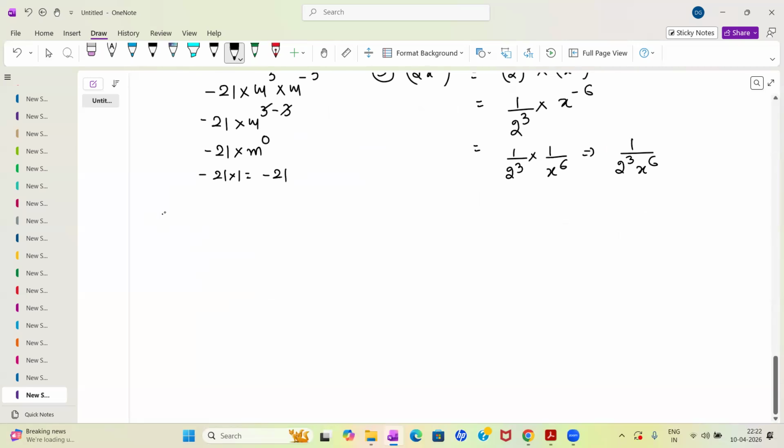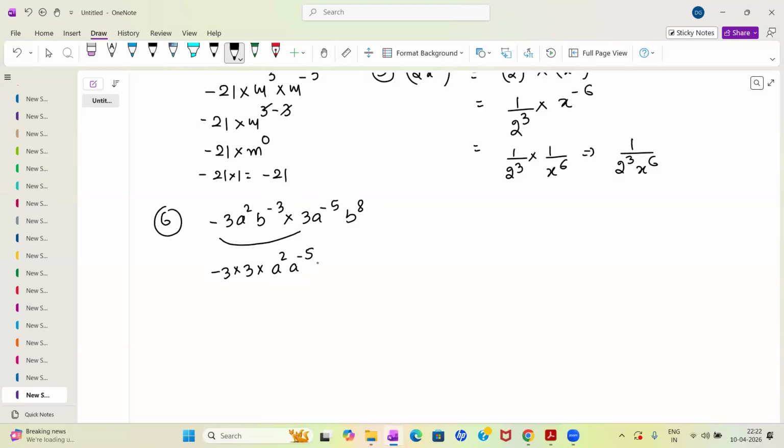Question number 6. Minus 3a square b to the power minus 3 into 3a to the power minus 5 b to the power 8. Constant into constant is minus 3 into 3, a to the power 2, a to the power minus 5, b to the power minus 3, b to the power 8.